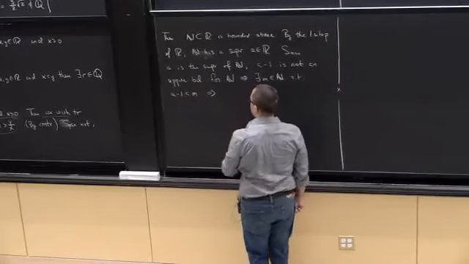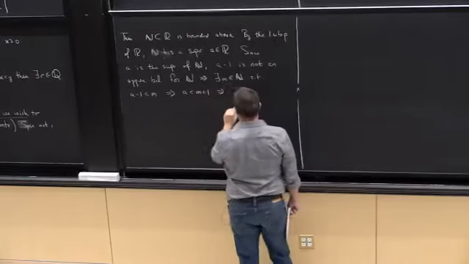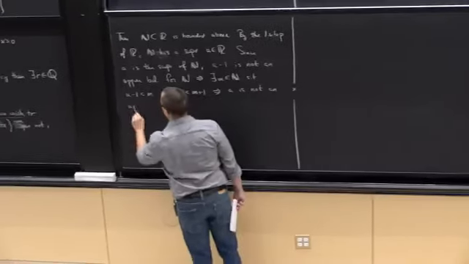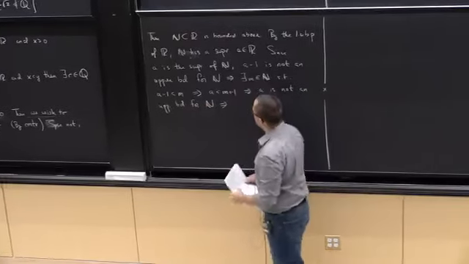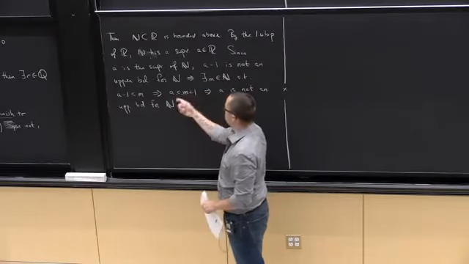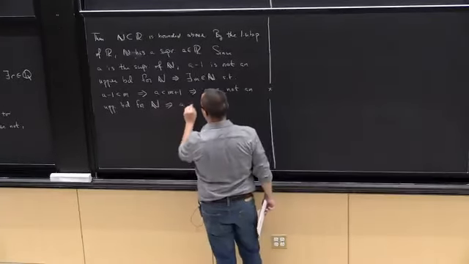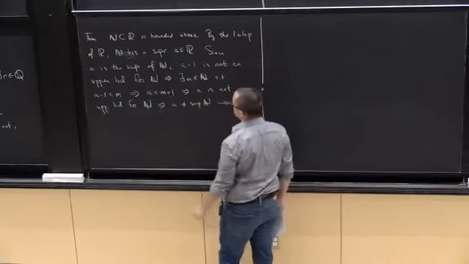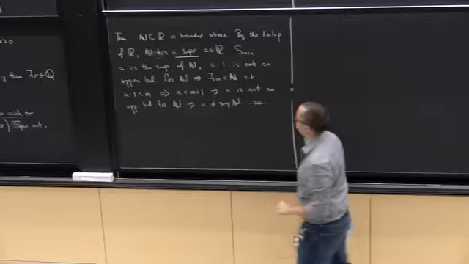But then this implies that A is less than m plus 1, which implies that A is not an upper bound for the natural numbers, because m plus 1 is a natural number bigger than A. That means A can't be an upper bound for the natural numbers, and therefore A does not equal the sup of N, and this is a contradiction because A is defined as the sup of N.